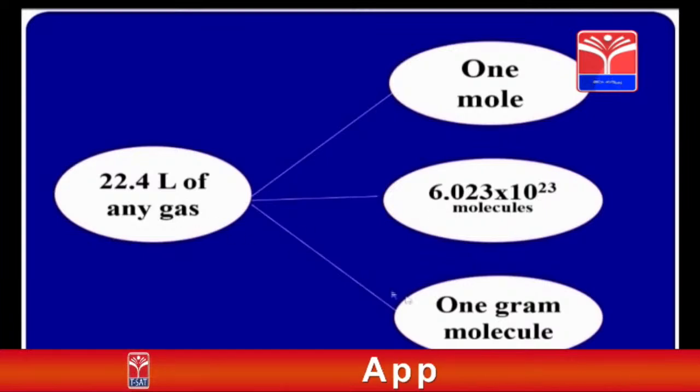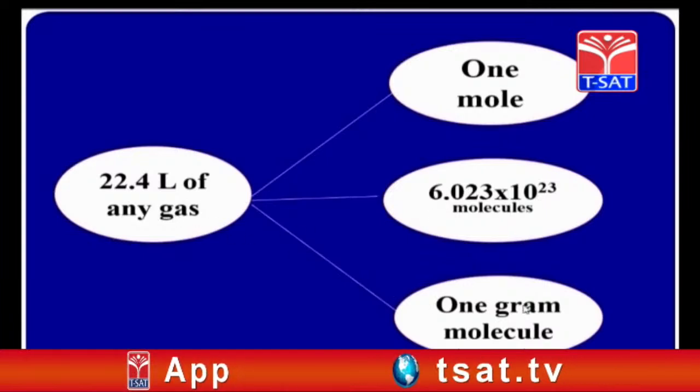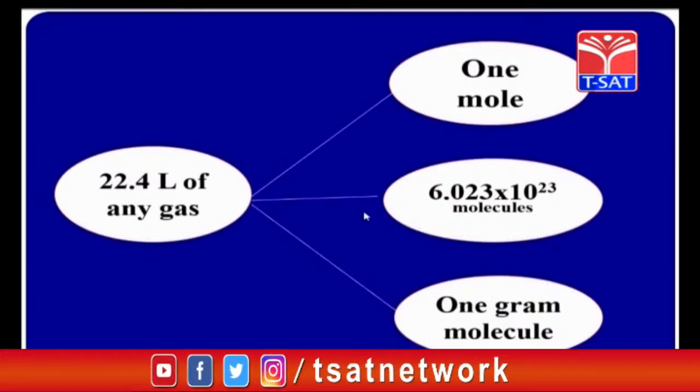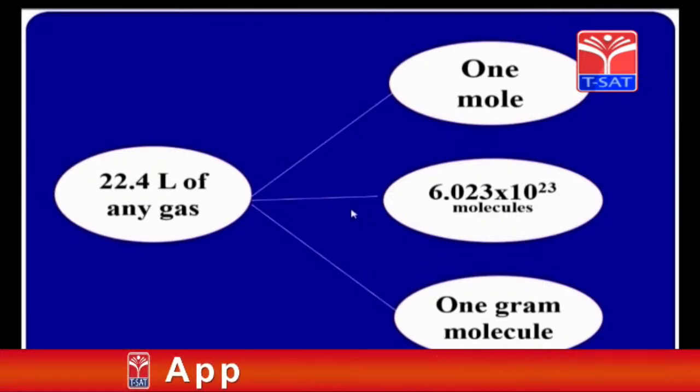It is also equal to 1 gram molecule. Children, based on these relations, we can calculate the quantity of reactants which are required during a chemical reaction, and the quantity of products which are formed during a chemical reaction.